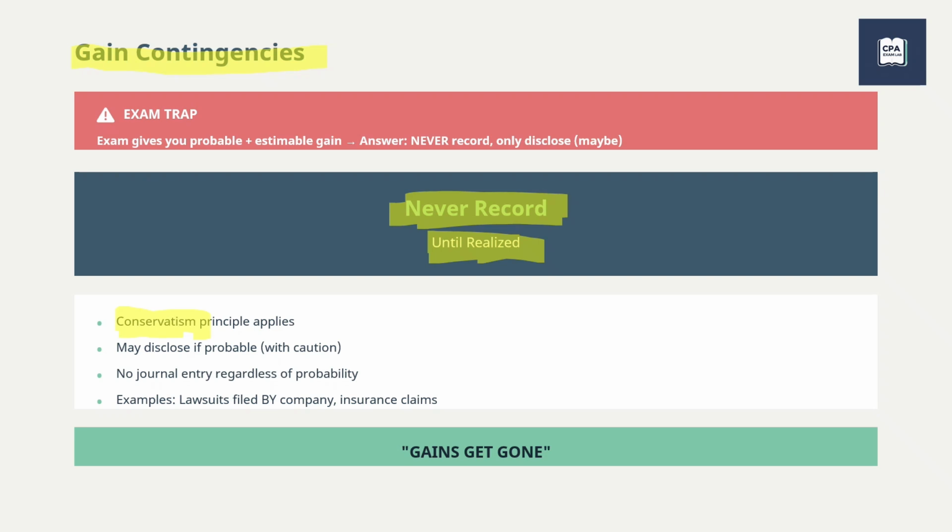And one of the answers would say record a receivable of 500,000 because it's probable and estimable, which is the case for loss contingencies. This is the wrong answer. You never record it. Conservatism: if there's a gain, we do not record it until realized. One way to remember it is gains get gone.